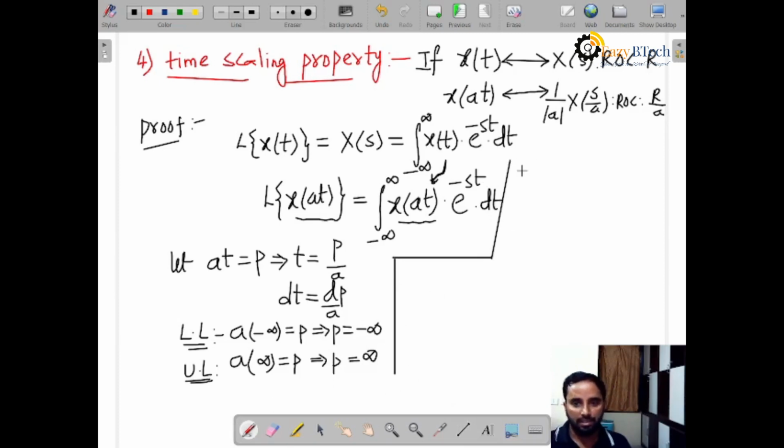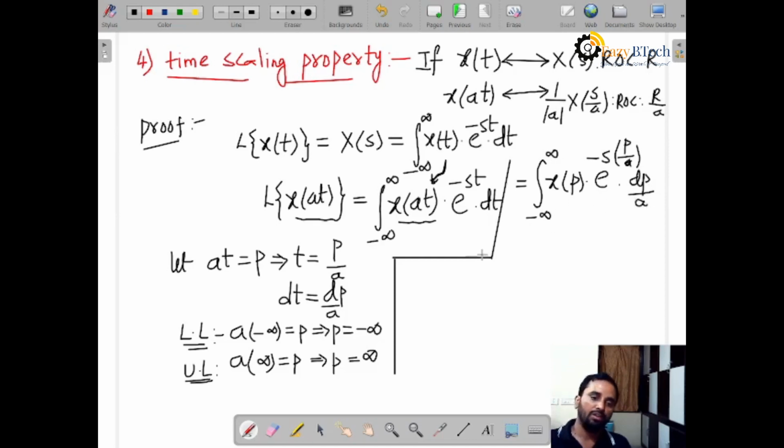Let's see the next step. So this is equal to the integral, the lower limit minus infinity, upper limit plus infinity, as usual, and x(p), since at is p, times e to the power minus st. What is t here? t equals p by a, and dt is equal to dp by a.